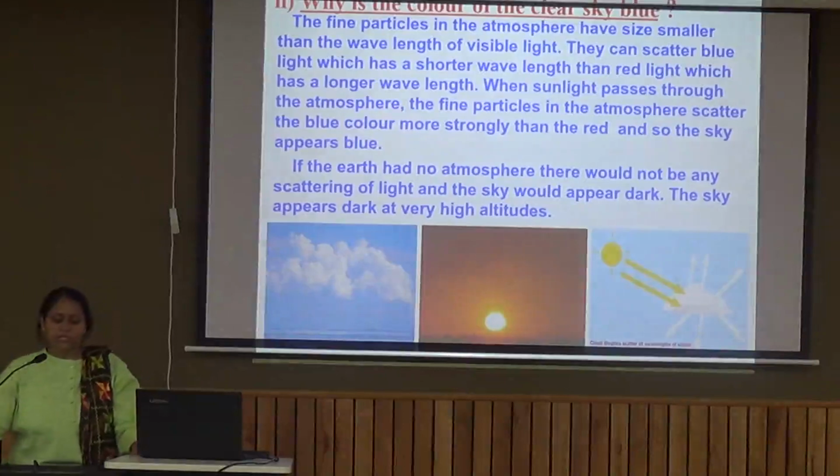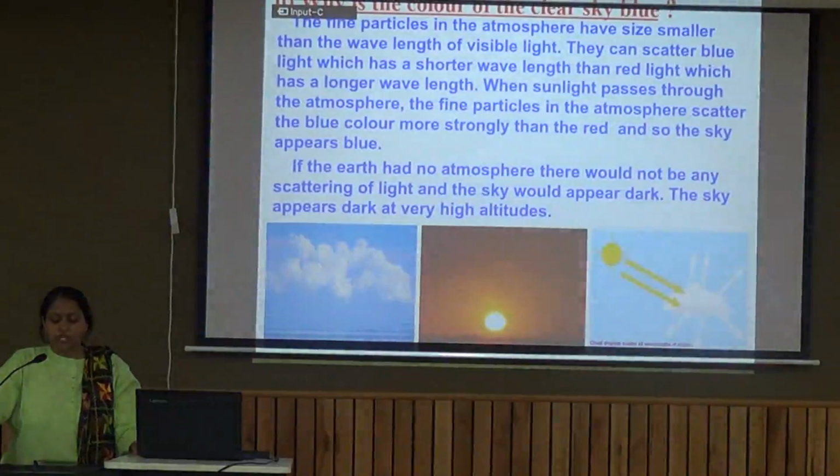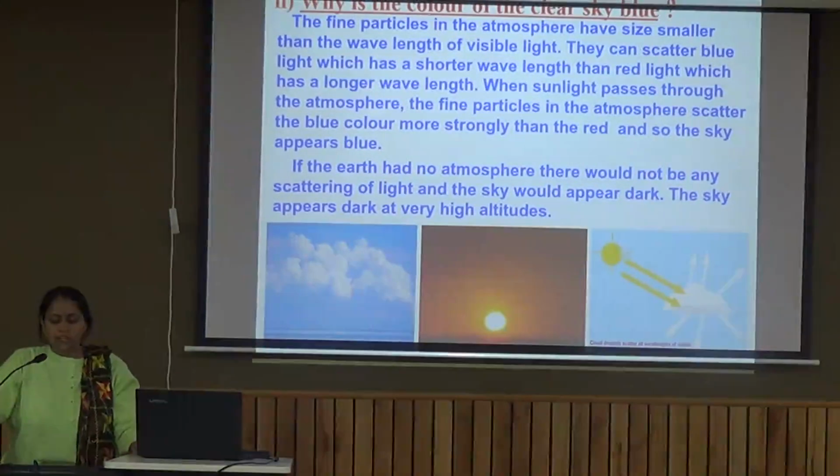Now, why is the color of the clear sky blue? The fine particles of the atmosphere have size smaller than the wavelength of the visible light. So, they can scatter blue light, which has a shorter wavelength than the red light, which has a longer wavelength. And when sunlight passes through the atmosphere, the fine particles of the atmosphere scatter blue color more strongly than the red color.